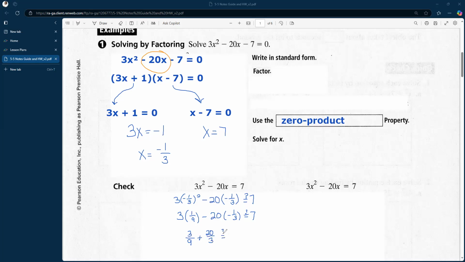Still not sure if that equals 7, but I do know that 1 over 3 is a simplified form of 3 over 9. So 3 over 9 simplifies to 1 over 3. 1 over 3 plus 20 over 3 equals 21 over 3. And that definitely does equal 7. So yes, x = -1/3 is one of my solutions.